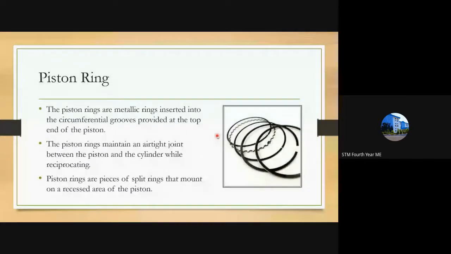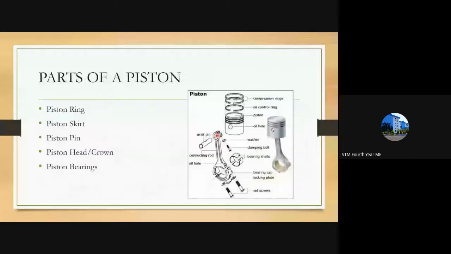Piston rings. We saw that there are two types of piston rings: compression rings and oil rings. Generally there are two compression rings and one oil ring. Maybe in heavier engines, more compression rings and oil rings are used. It depends upon the engine. Commonly, there are two compression rings and one oil ring.